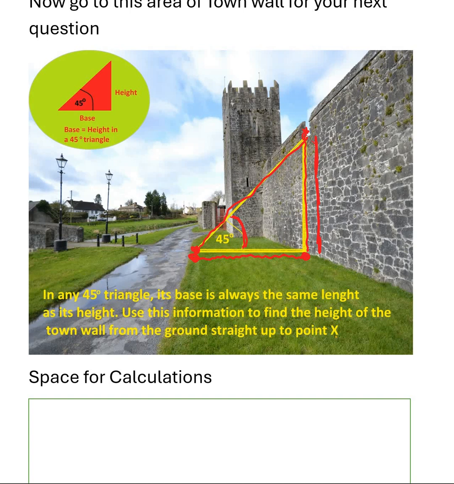And we know then that whatever this measurement is here from the wall to the grass will be the exact same as that height. So no need to climb, just measure from the base of the wall out to the grass. And it makes a 45-degree angle, so we know that that will be the same as the height of the wall in this case.